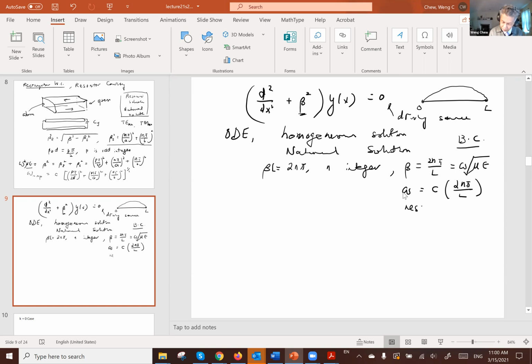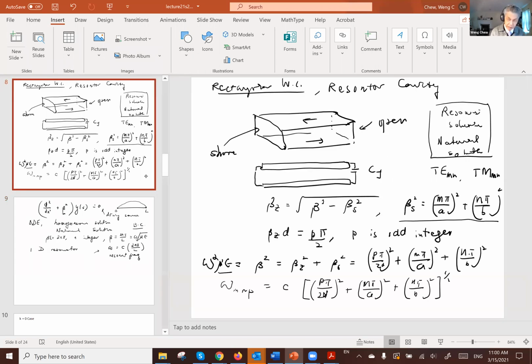These are the resonant frequencies of this 1D resonator. I'm simplifying it to the case of a 1D resonator. So this is the resonant frequency, and for 3D resonators, this would be the resonant frequency.